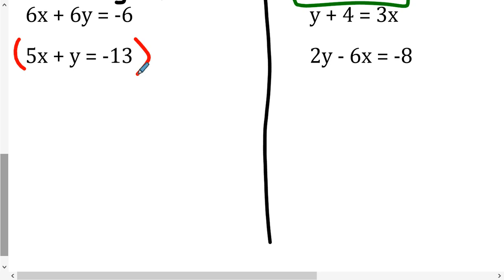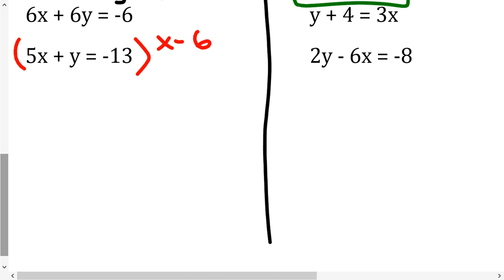We can take this whole equation and we can multiply by -6. Right? That way I'm going to end up with a -6y. Those signs will be opposite. They'll be the same size, the same numerical value, just opposite signs. So what do we get there? We get 5x.